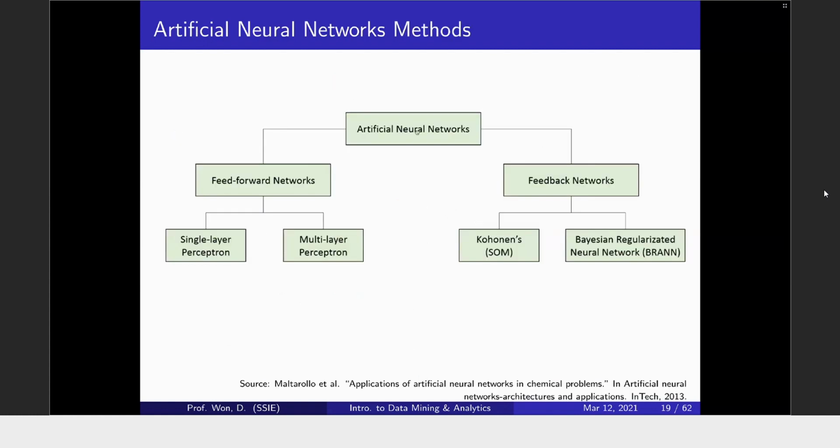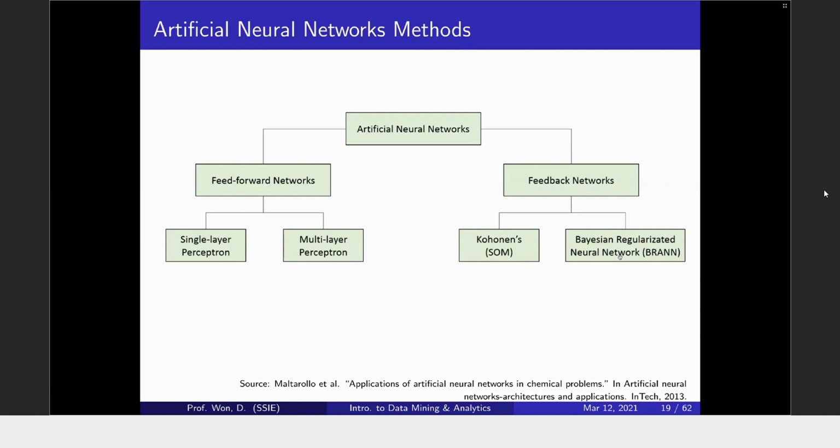Then, for determining the weights, there are two different ways. One is feed forward, and the other is feedback. The feed forward ones, one of the oldest is the single layer perceptron and the multi-layer perceptron. And the feedback method is like Kohonen's SOM, but the Bayesian regularized neural network is quite brand new compared to the other one.